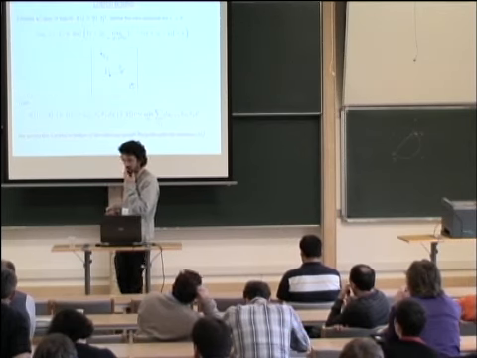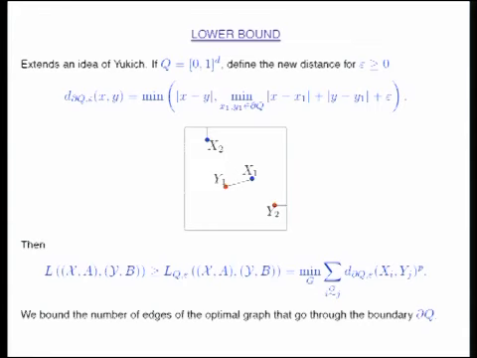So the lower bound is more tricky. The point is that to lower bound, you need to prove that the optimal graph is local in some sense. So you want to say that there are not too many edges which go far away. And to do that, there is a nice natural way, which is just to change the metric.